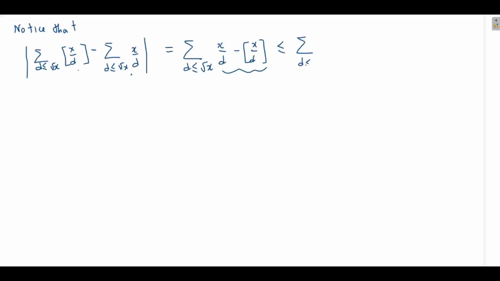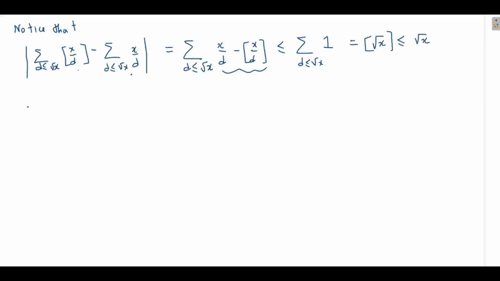So this is the sum over d less than or equal to square root of x of 1, and we know what this is. This will be exactly the greatest integer of square root of x, the number of positive integers less than square root of x. And we know that the greatest integer of the square root of x is less than or equal to the square root of x. Okay, so this is one observation which you should make.